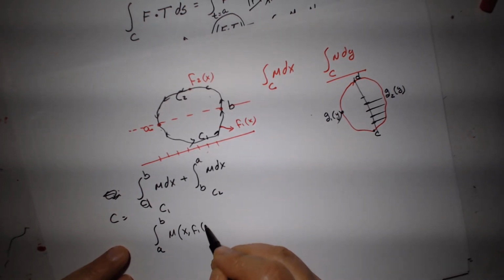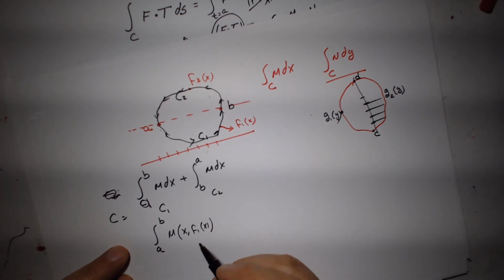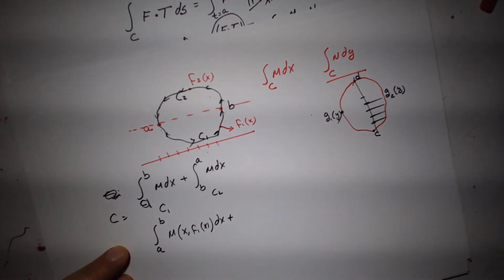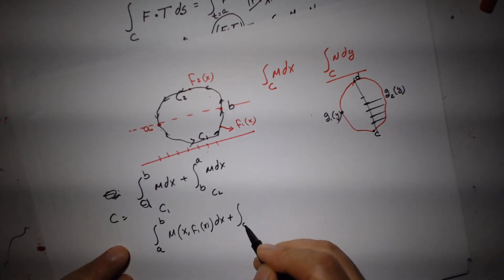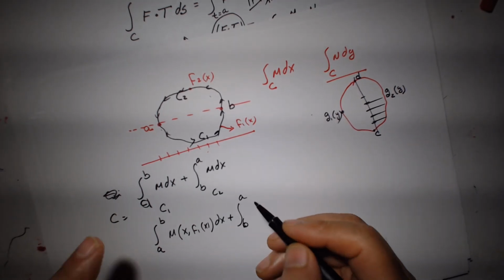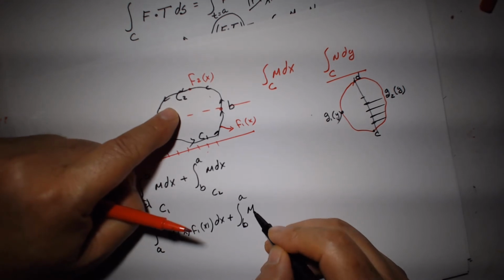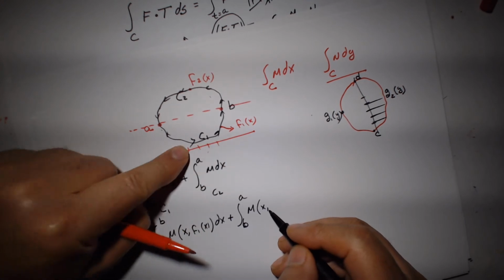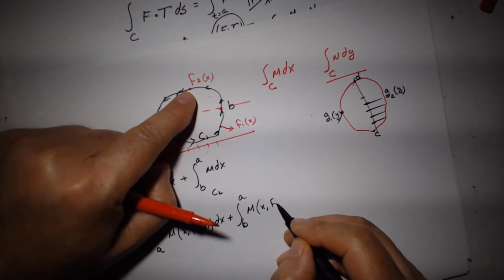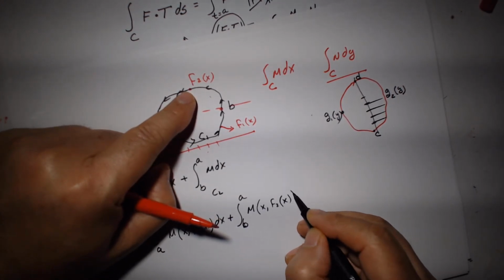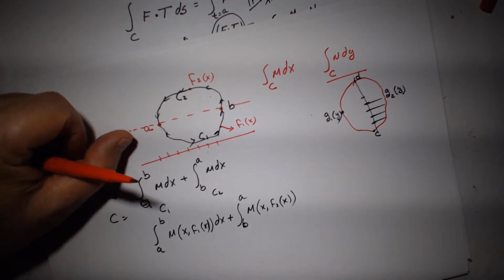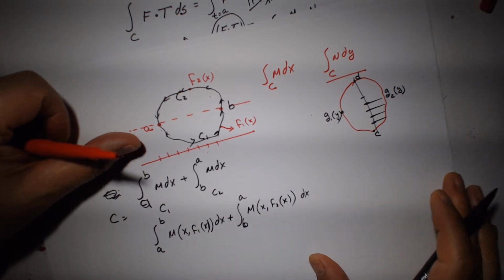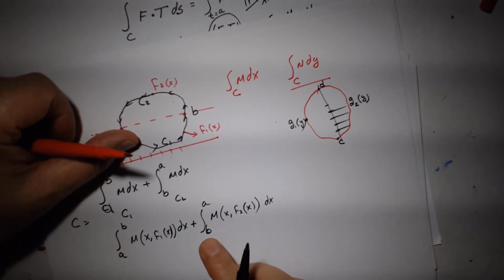F1 of x dx, plus B to A. For that one, my M is a function of x and y, but x is x, and your y is F2 of x dx.